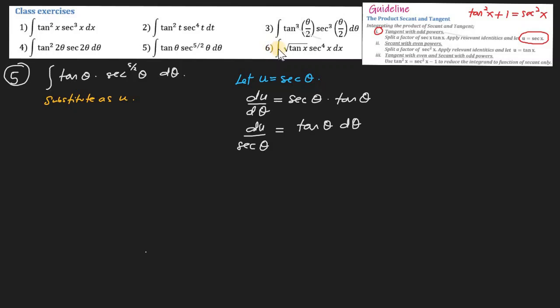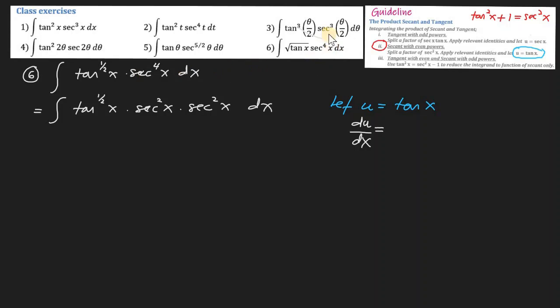Okay, so continue, and afterward we'll compare work. But let me show you number 6 first. So number 6, as we analyze, this is tangent power half, secant power 4. We have secant with even power. It says here split the secant power 2. So we need to split this power 4 into secant square, and then you are supposed to use u as tangent.